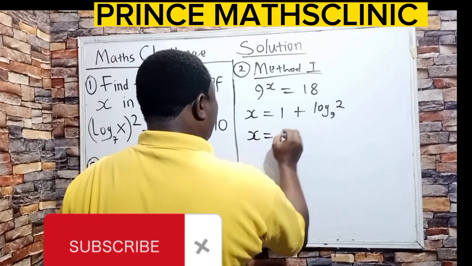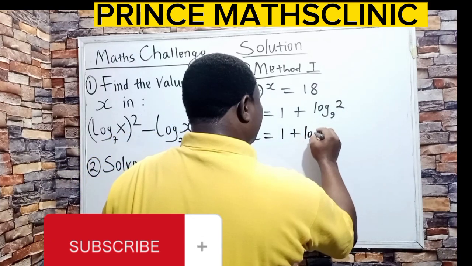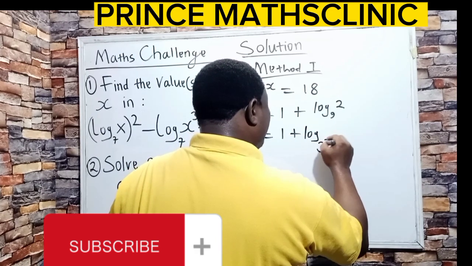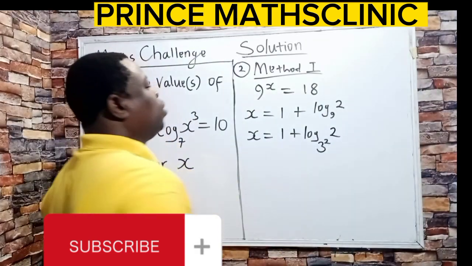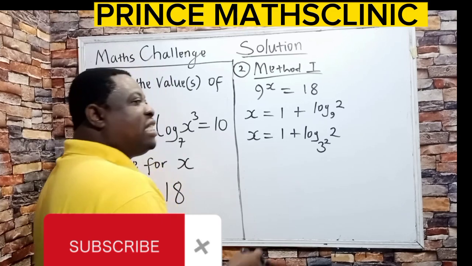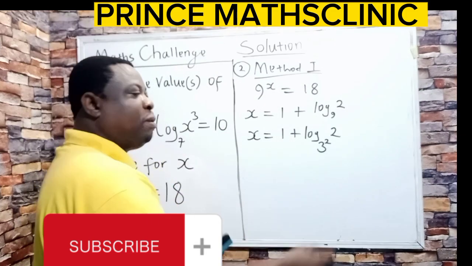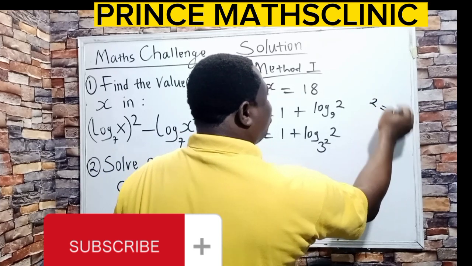So my x becomes 1 plus, base 9 can be expressed as 3 to the power of 2. Then the log is 2. And when a base is carrying a power, you take the inverse of that power to multiply the log. Inverse means the inverse of 2, for instance, is 1 over 2.